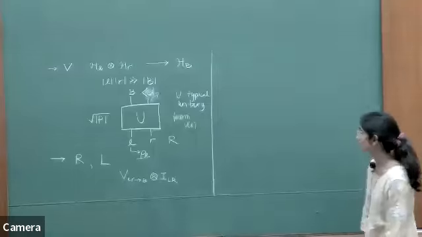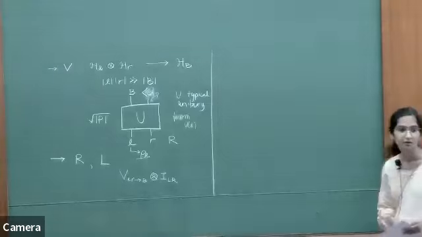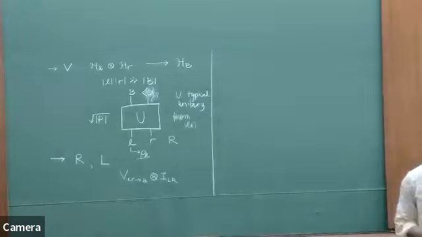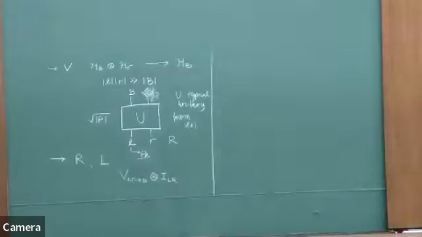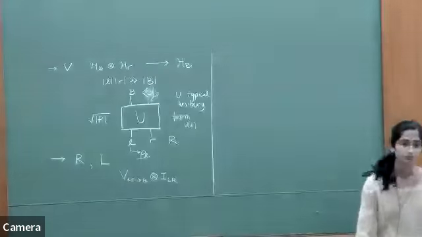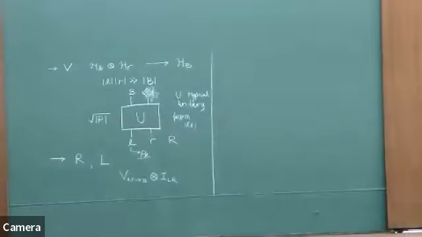You can always write any non-isometric map as some unitary followed by a projection. The assumption is that U is typical. Yes, exactly.